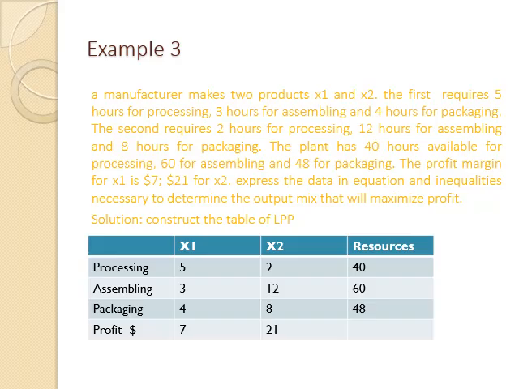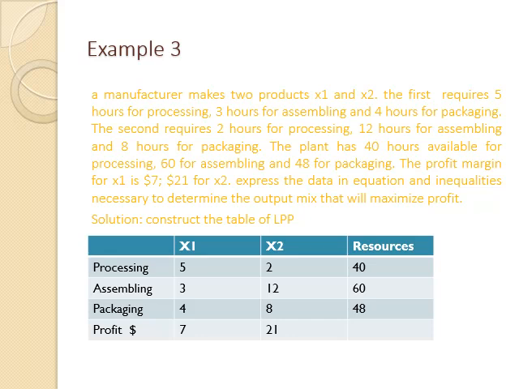The example states that the plant has 40 hours available for processing. That means we are restricted about the production of X1 and X2.